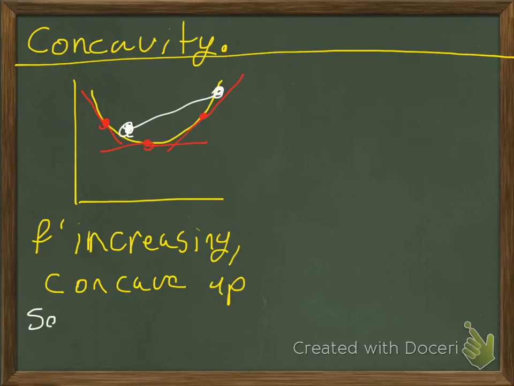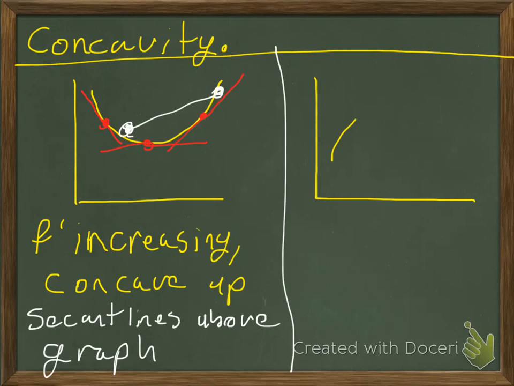Okay. Also, if we draw any secant lines, the secant lines will appear above the graph. Okay, and then we'll do something that's concave down, and we'll draw a couple of tangent lines, and you'll notice that we have positive slope, probably 0 slope, and then negative slope, so the slope of the tangent lines is decreasing, so that means our first derivative is decreasing.